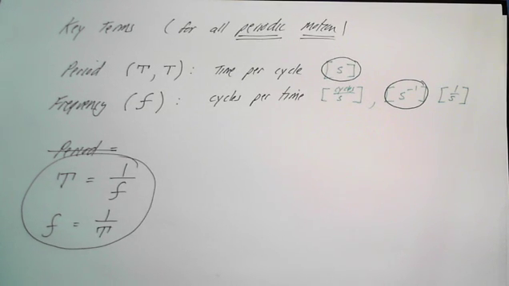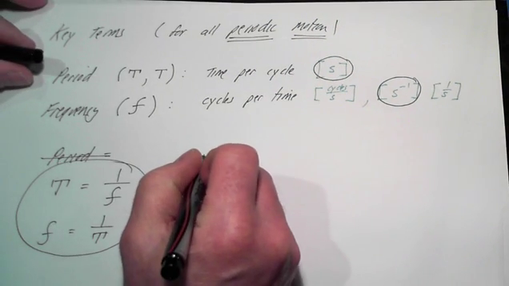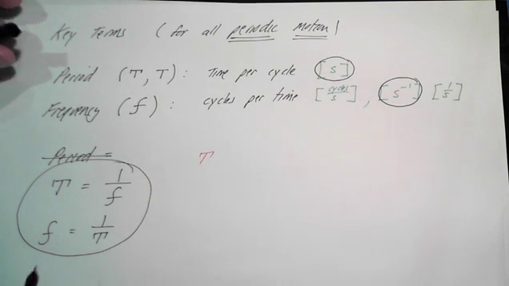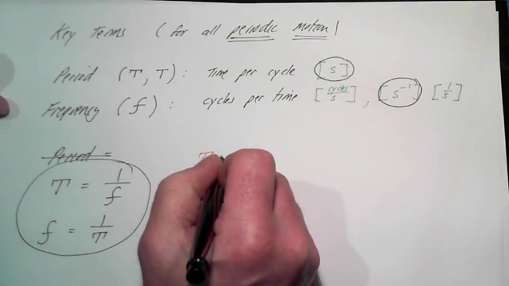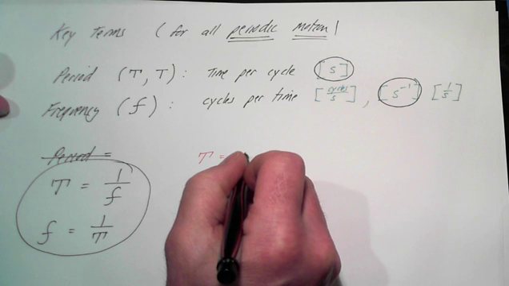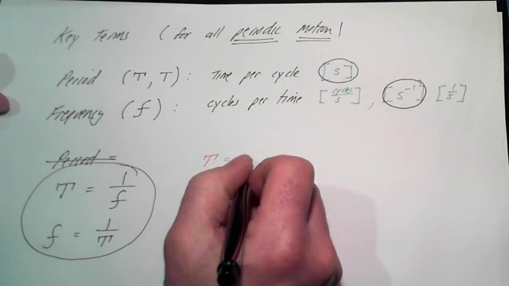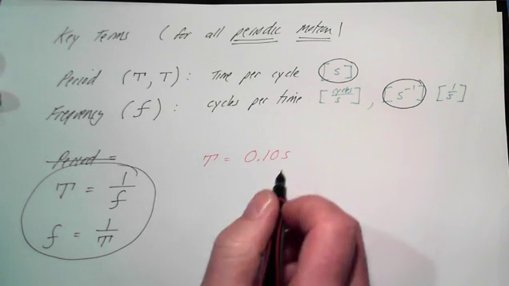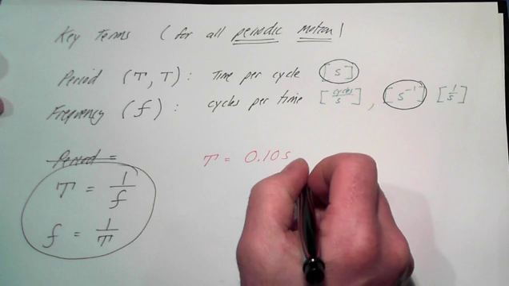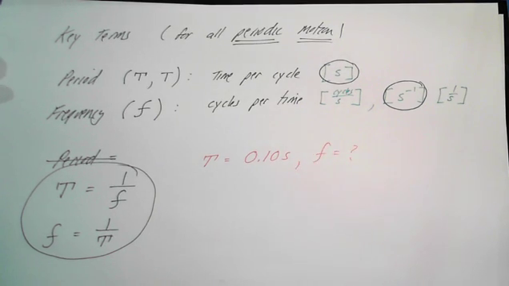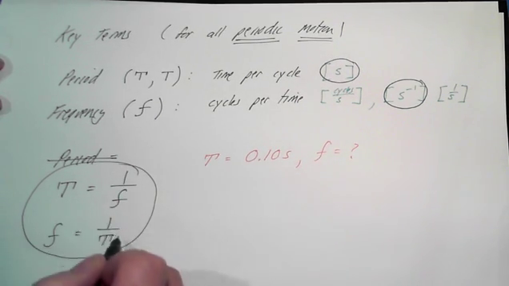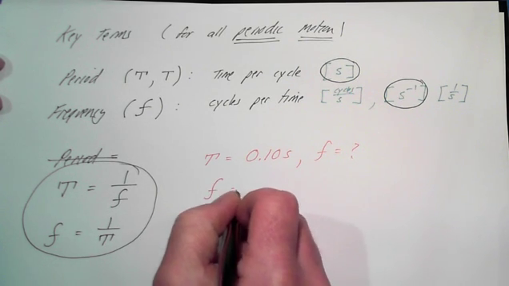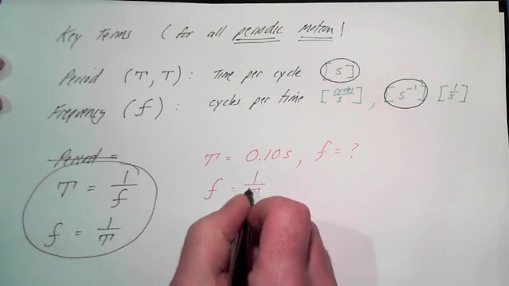Time for some practice problems. Let's use orange. Okay, suppose that the period of some periodic motion is, let's make it pretty fast, let's say it takes 0.10 seconds to do one cycle. What would the frequency be? Well, we see that they are the inverse of each other, and so the frequency is going to be the inverse of whatever the period is.